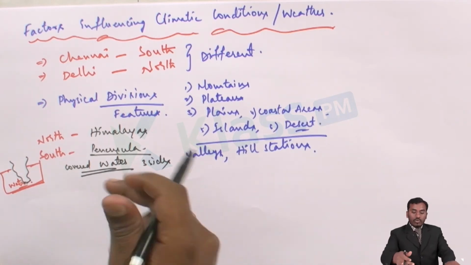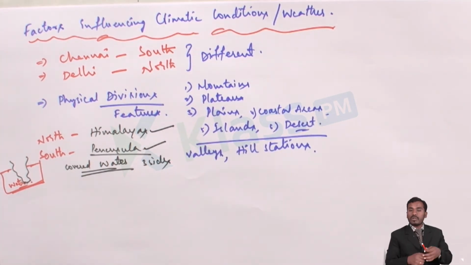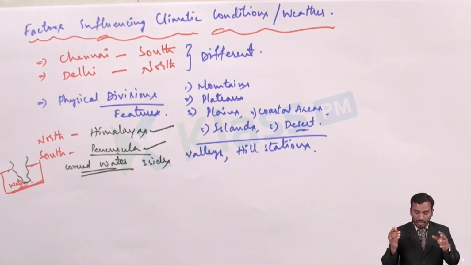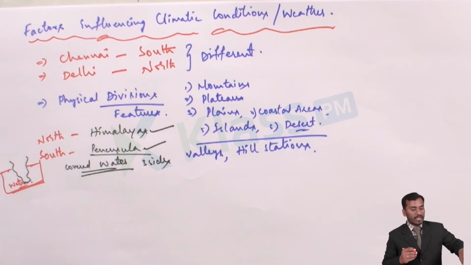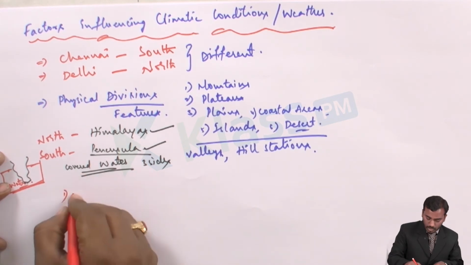Because of these two things, the Himalayas as well as the water bodies of the peninsular features, there are a lot of variations in the climatic conditions between the north and the south. So what are the factors that affect the climatic conditions of our country? The first thing is latitudes.